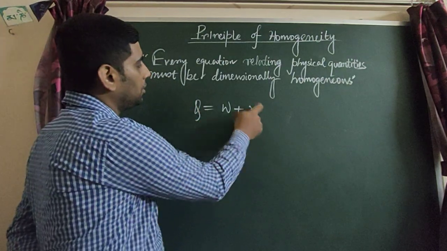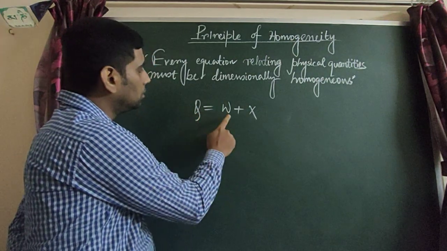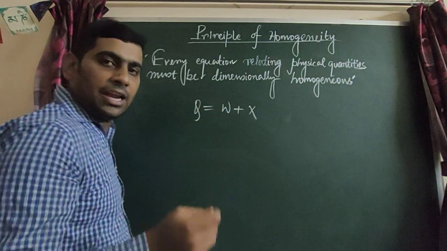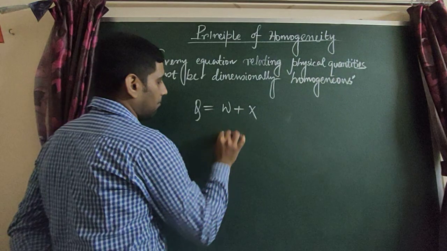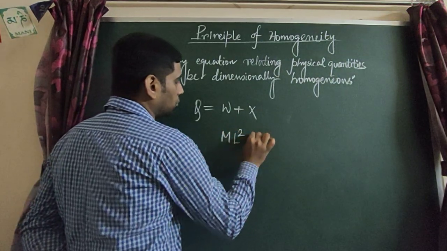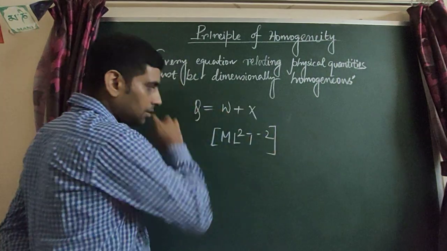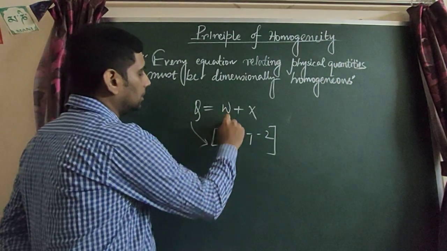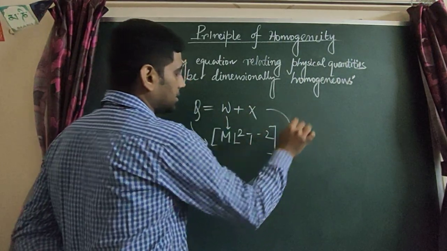This equation is correct when the dimensions of q, w and x are the same. Heat and energy both have the same unit and the same dimension, that is M L to the power 2 T to the power minus 2. So q has this dimension, w has this dimension, that means x also has this dimension.